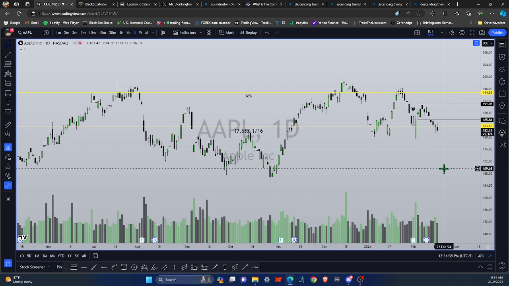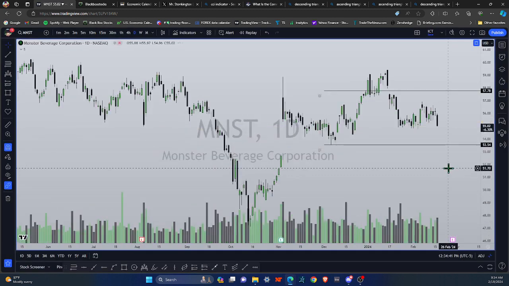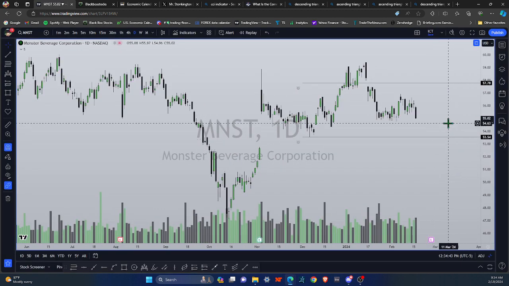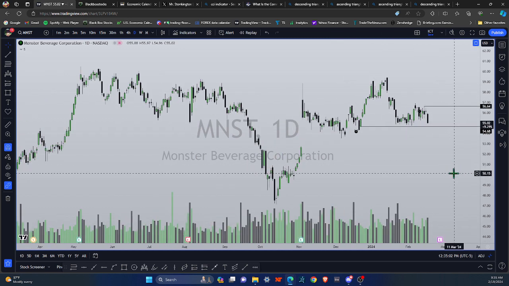Some of the beverage names: Monster, Coca-Cola. I think there was maybe possibly a very small one in Pep. You had some out of the money, some kind of squirrelly stuff with Celsius. Even though Celsius has kind of made its move, it's definitely been the leader in that space because Monster just can't seem to make a move and hold it.